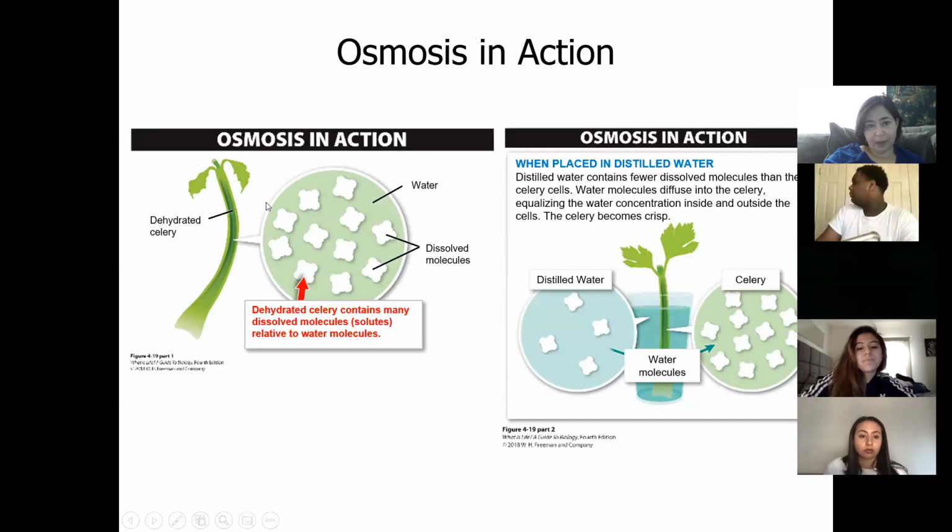In plants, if the concentration of water goes down because of dehydration, water evaporates from the plant the same way it evaporates with our sweat. So you put it into the water and the water is going to move up. That's how you have a dry flower, you put it in the water, and osmosis brings water inside the plant.